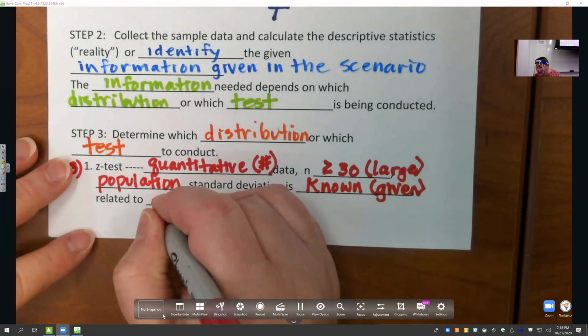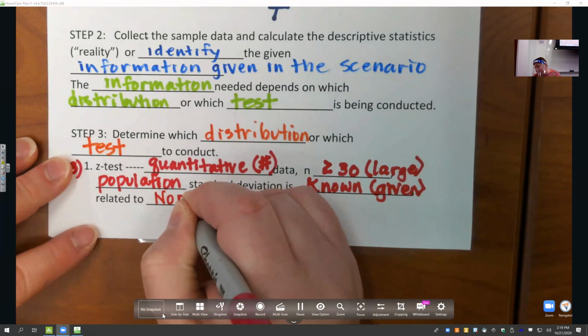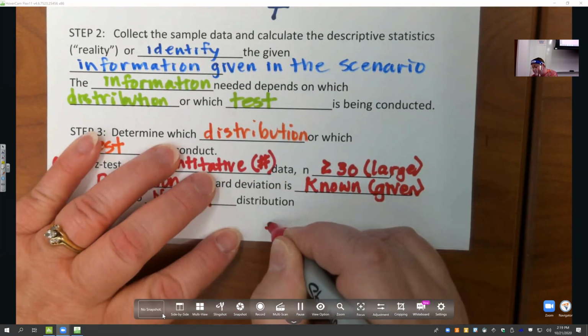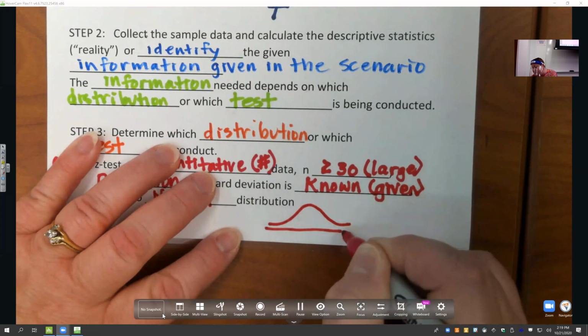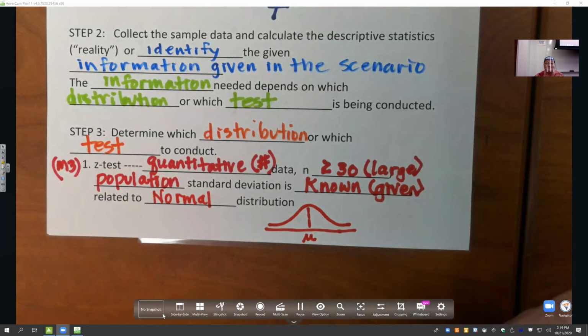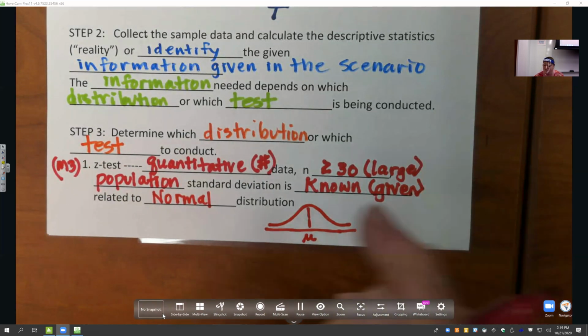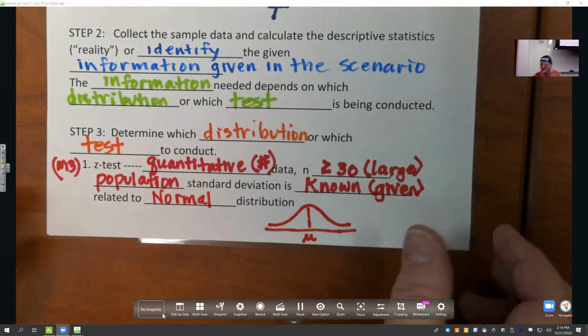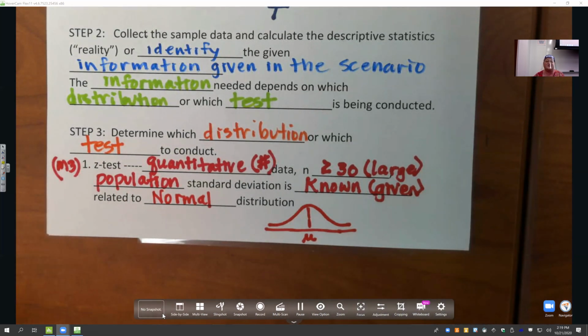And that is related to the normal distribution. Remember, that's our nice bell-shaped symmetric distribution with the mean in the middle. Okay, so we're going to talk about z-test a little bit later today. We'll look at some examples. But a z-test is used if you have quantitative data, a large sample, and you know the population standard deviation.